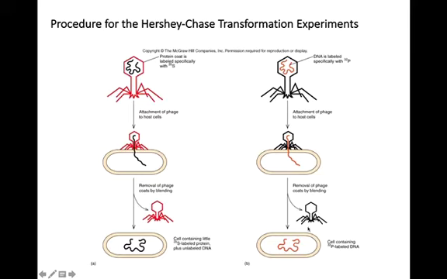So it means that this DNA basically contains all the information which is required to make the complete set of a viral particle.